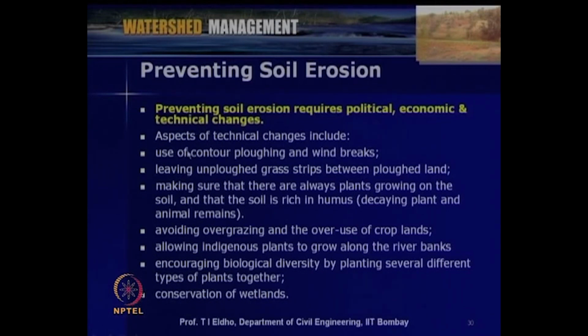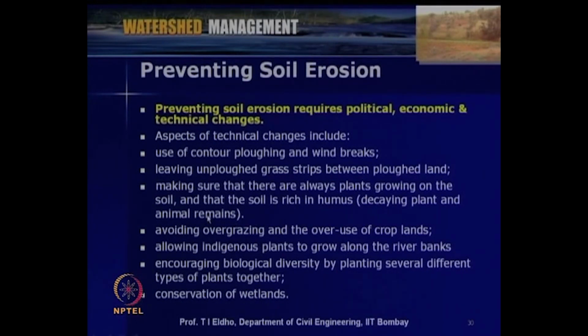As far as technical changes are concerned, various measures are listed here, like use of contour ploughing and wind breaks, and then leaving unploughed grass strips between ploughed lands, then making sure that there are always plants growing on the soil and that the soil is rich in humus, like decaying plant and animal remains, so that erosion will be reduced.